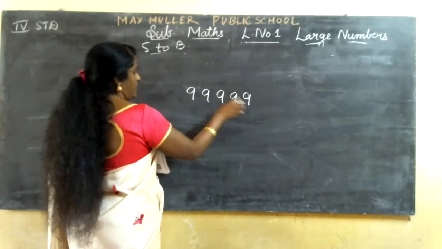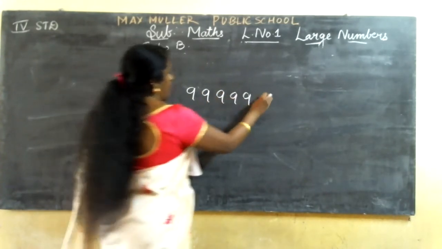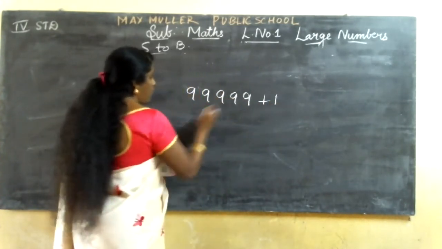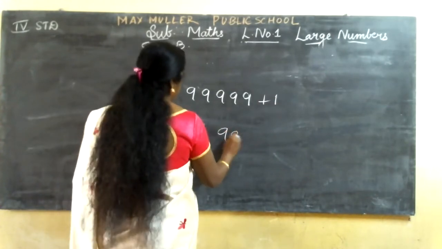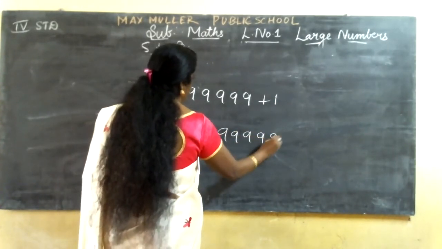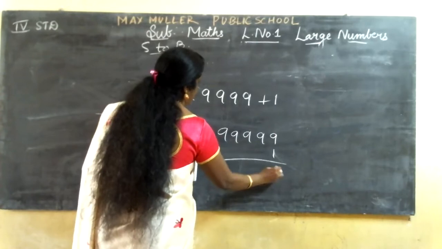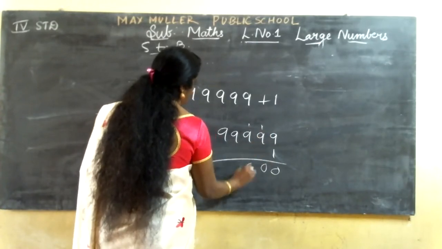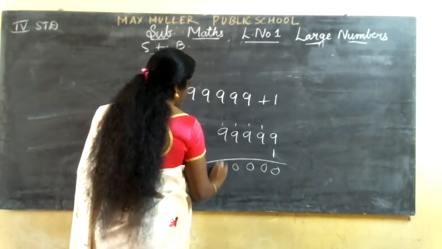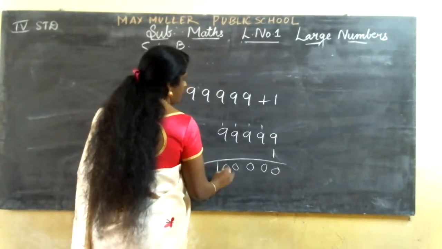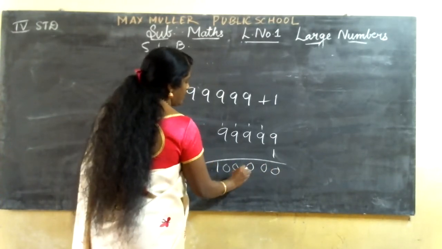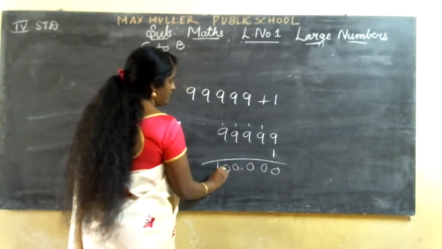Yes, no? 1, 2, 3, 4, 5. If we add plus 1, how much will it come? See here, 9, 9, 9, 9, 9. Plus 1, 10, 10, 10, 10, 10. 1, 2, 3, 4, 5, 6. Ones, tens, hundreds, 1,000, 10,000, comma.